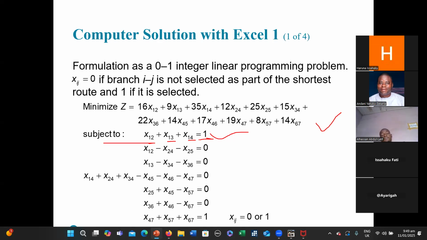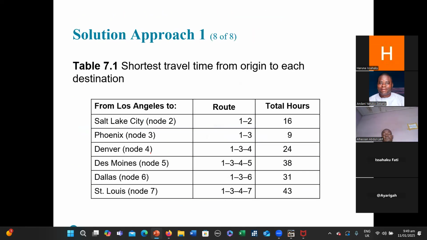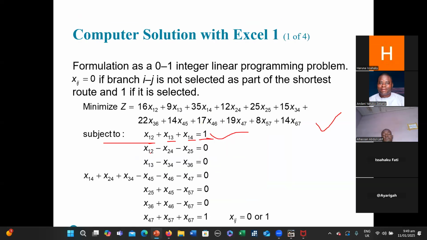So for each node, there will be a constraint. So on each node, you see that, for instance, if you take point 2, if you look at the diagram, once you move from 1 to 2, from 2 you can move to 4.